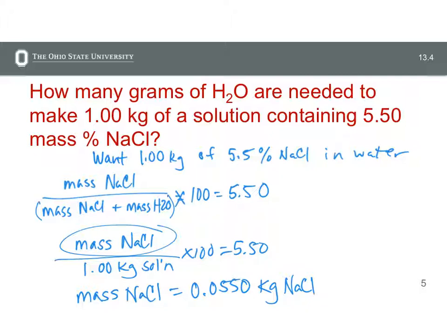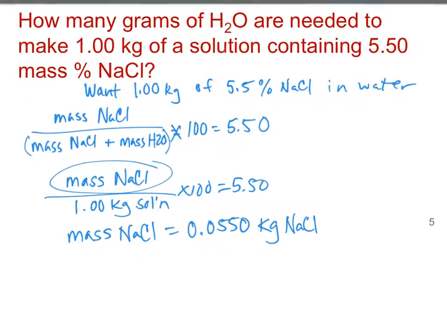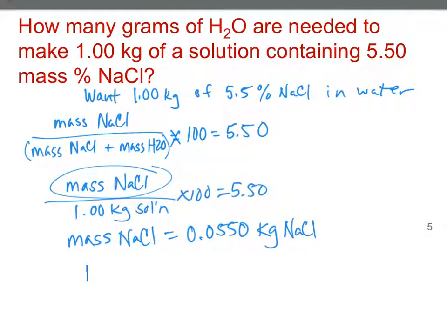But we wanted the mass of water, right? So we know our mass of the solution, and we know our definition for mass of the solution. So we have 1 kilogram for the mass of our solution, and that's going to be equal to the mass of water plus the mass of the sodium chloride, 0.055 kilograms.